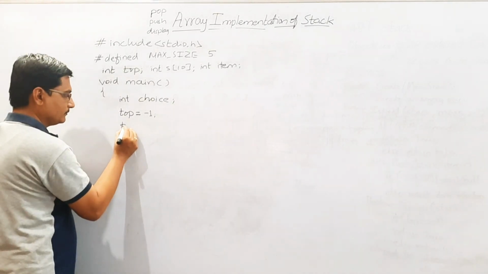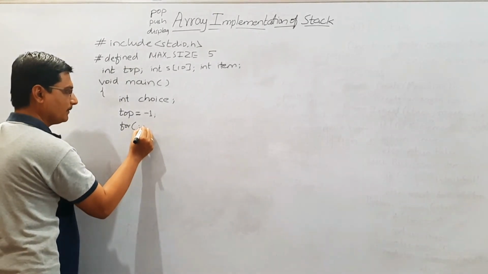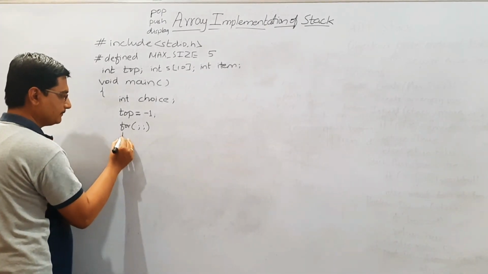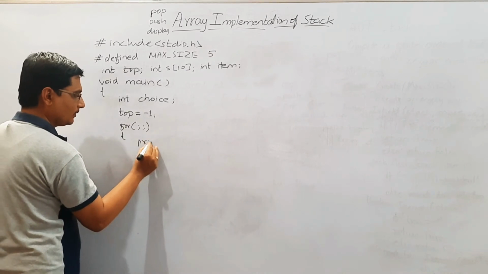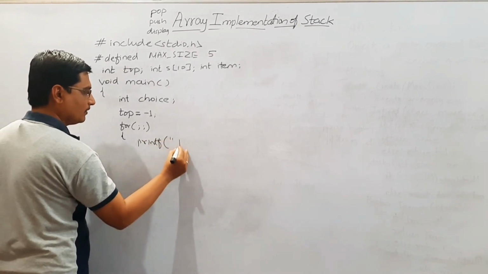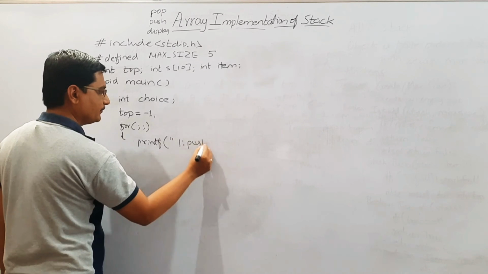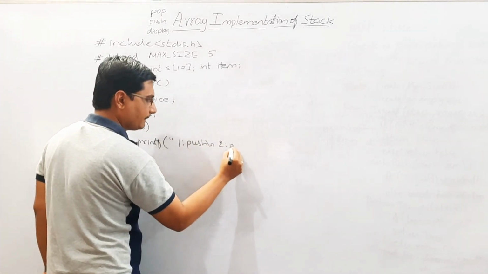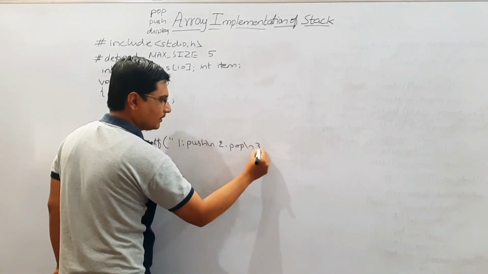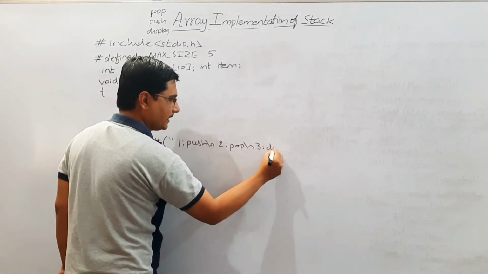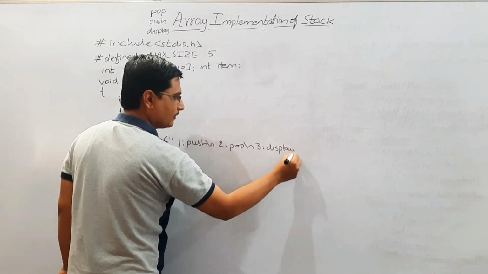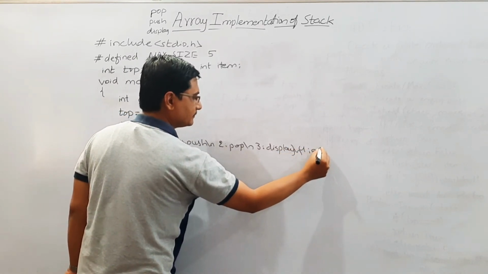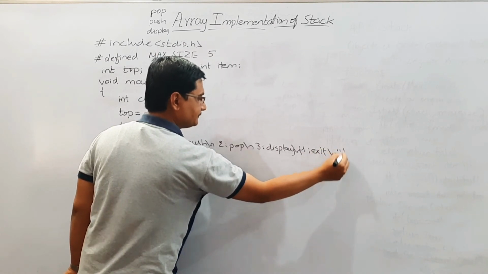Then in an infinite for loop, I can have a statement like: one is for push, 2 is for pop, 3 is for display, and 4 is for exit. Something like this.